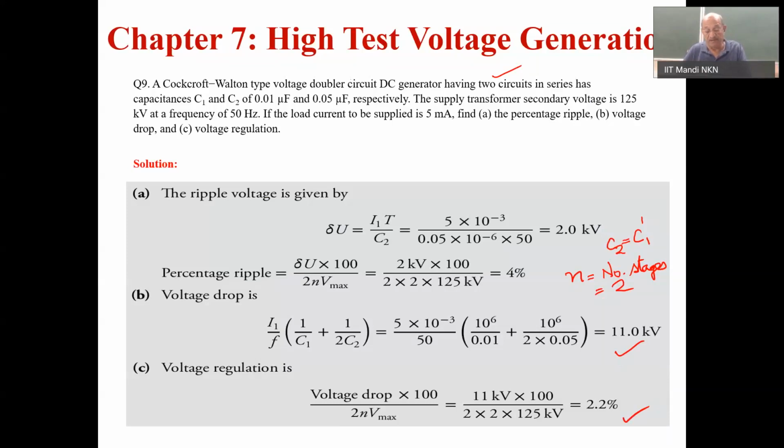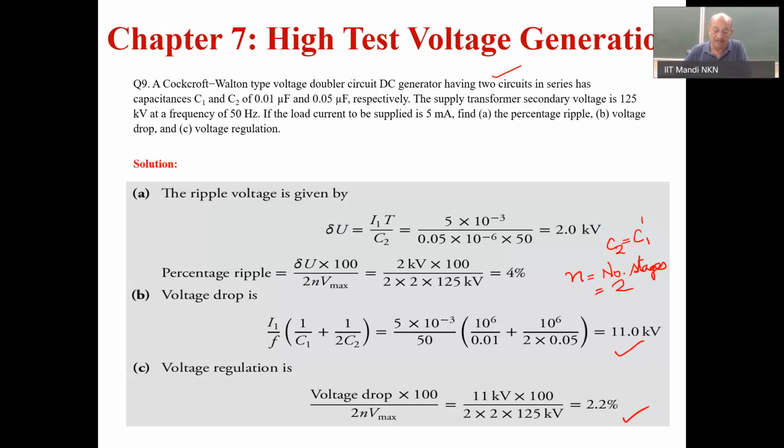That means the magnitude of the voltage when there is no load, and the magnitude of the voltage when there is full load. So what is the percentage of voltage drop because of applying the full load? That is the voltage regulation.